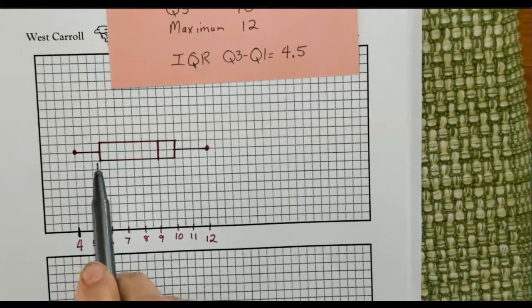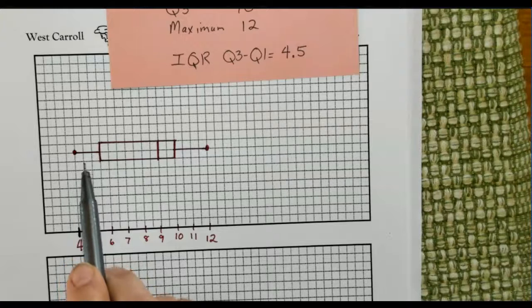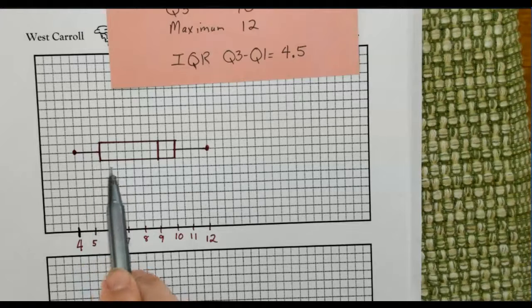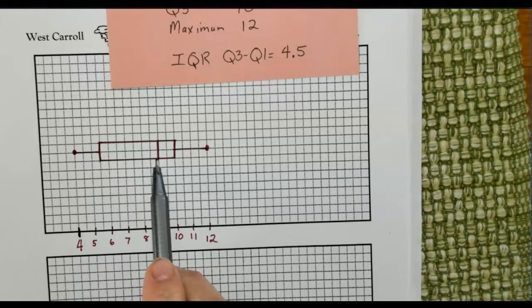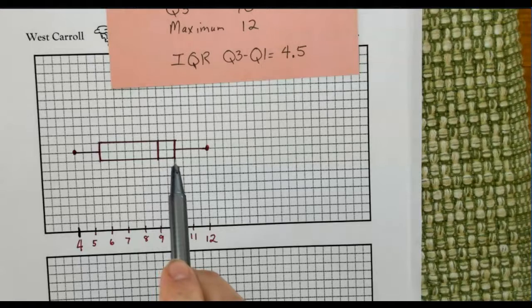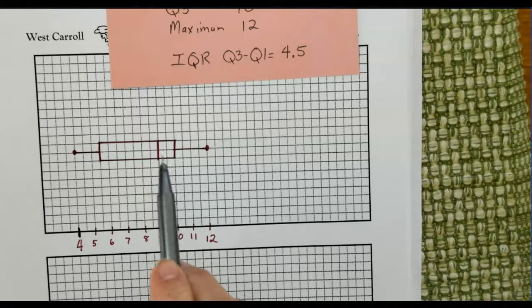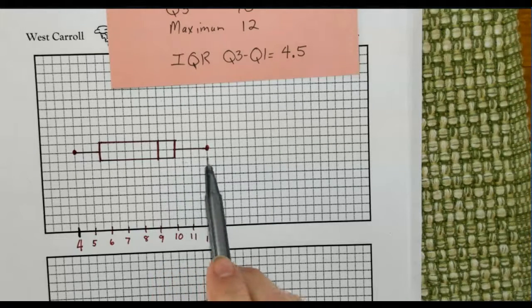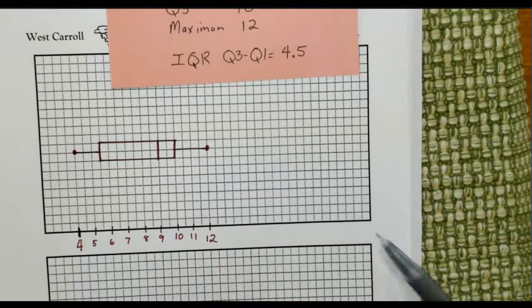So the lowest 25% of the numbers fall between 4 and 5.5. Then another 25% of the numbers fall between 5.5 and 9. Then 25% fall in between 9 and 10. So quite a few of them were in this area here, between 9 and 10. And then another 25% of the numbers came between 10 and 12.